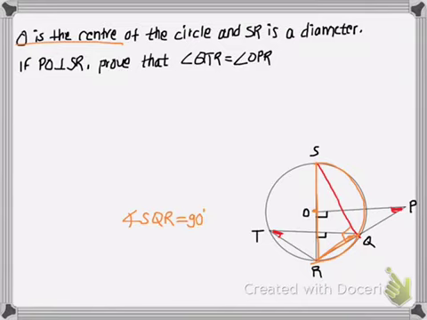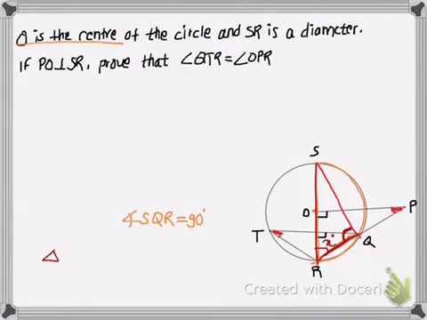We have to remember this property of a circle. It is a very important property, in fact. So here is our 90 degrees, and I will assume that the value for angle SRQ is x degrees.